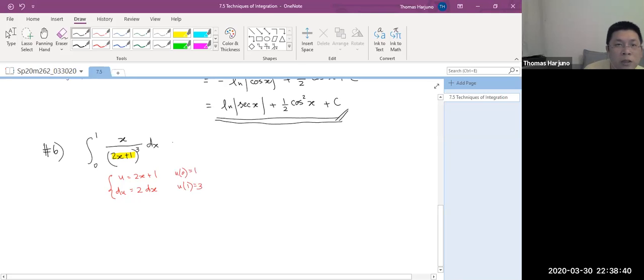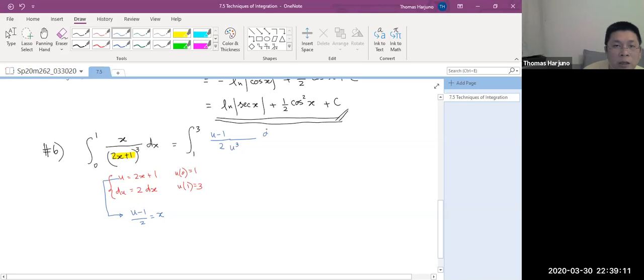And my integration now becomes the integral from 1 to 3. Oops, what is my x now? My x now becomes (u minus 1) over 2. That's u minus 1 over 2. And on the denominator, I get u cubed.